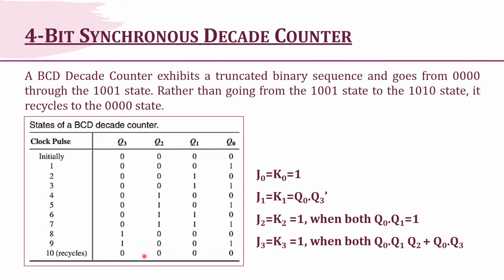To have this reset state, we need to include the second term. So J3 is equal to K3, which is 1 when Q0 into Q1 into Q2, or Q0 into Q3, satisfies the condition.